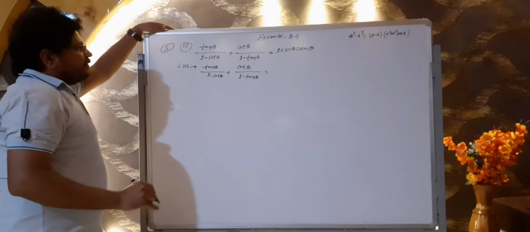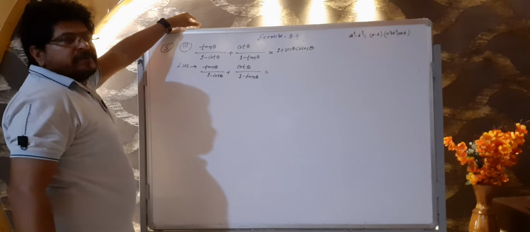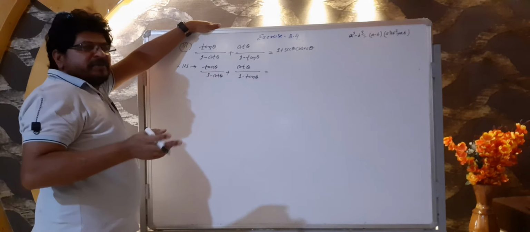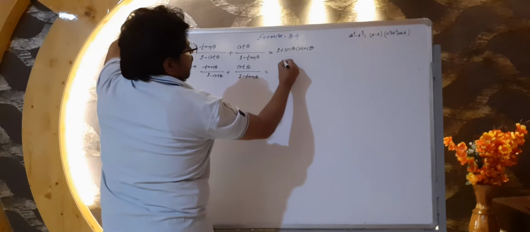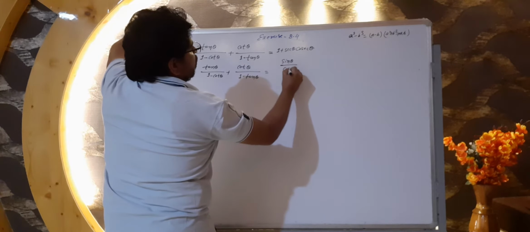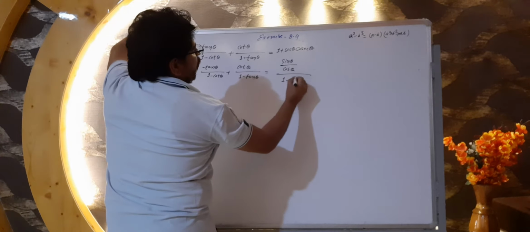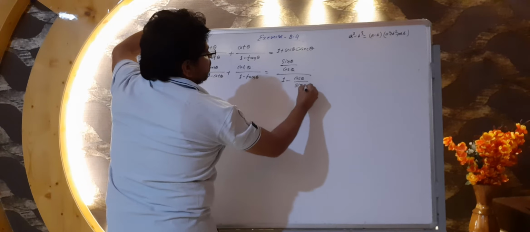Okay guys, whenever we are going to solve it, first we have to change these particular things in the form of sine and cos, because we want sec and cosec, and it means we require sine and cos. So we will change tan theta. What can we write? We can write it sine theta upon cos theta. Okay, downside 1 minus cot theta, it means cos theta upon sine theta.